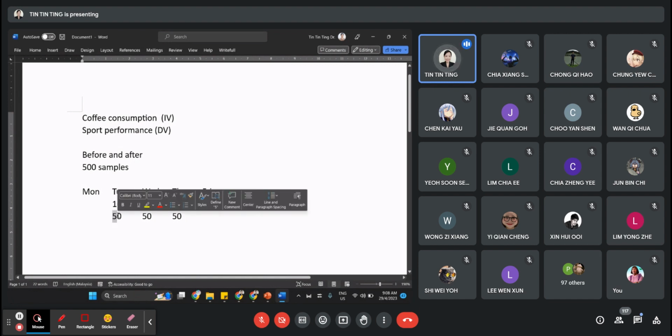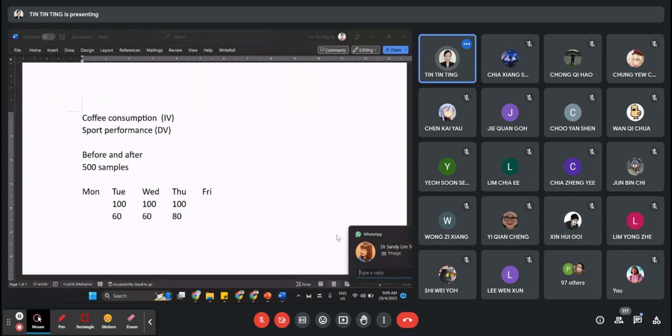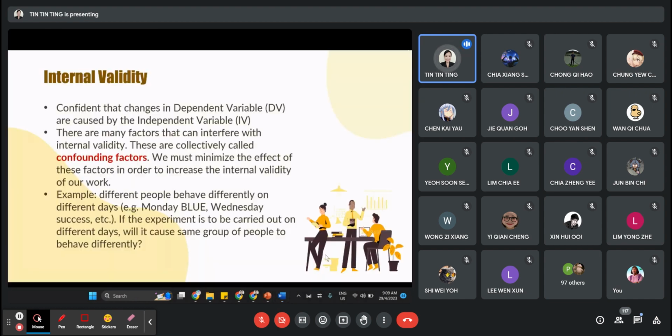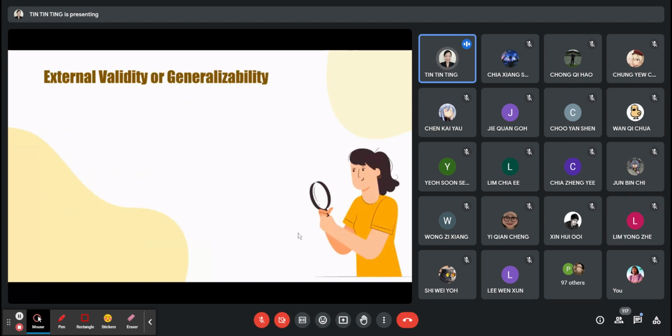And then maybe you adjust it to 60, 60, and then 70, maybe 80. Something like that. All right, so let's move on. That's how you can reduce the confounding factors' impact on your experiment.